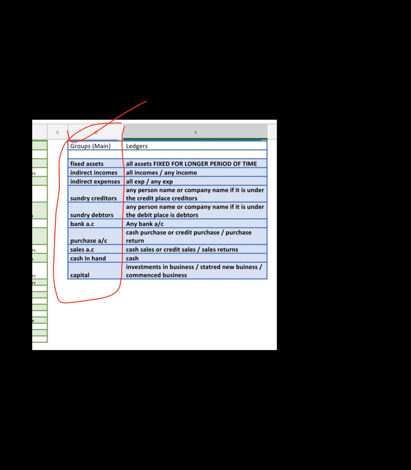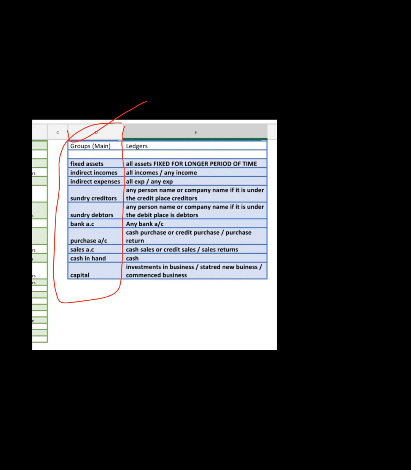Say any person's name or any company name, or any organization name. If that is mentioned on the credit side, you have to take it as a sundry creditor.